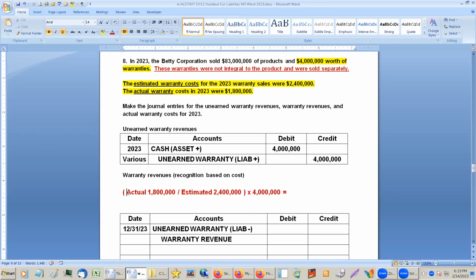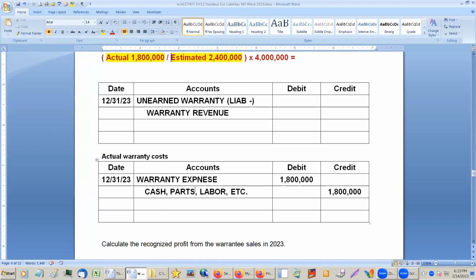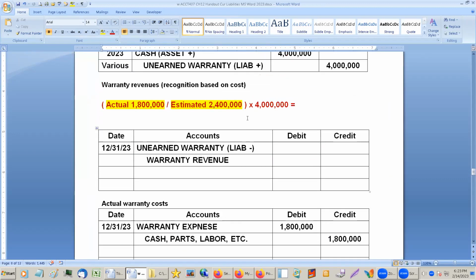Okay, so actual was 1,800,000. I said that wrong, let's start over. Actual 1,800,000. I don't know why I'm even reading this. Estimated 2.4 million. And so they'll give us a percentage.